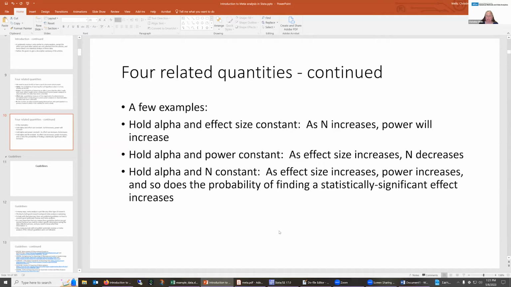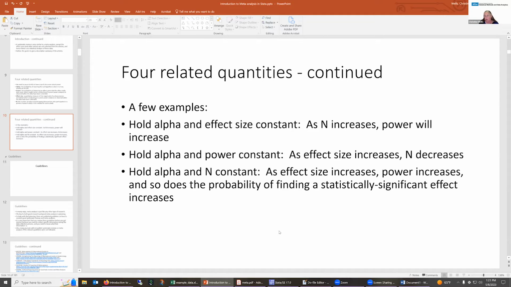So let's have a few examples. If I hold alpha and the effect size constant, as N goes up, power will also go up. That makes sense. The larger my sample size, the greater the power. If I hold alpha and power constant, as the effect size goes up, the number of necessary participants goes down.